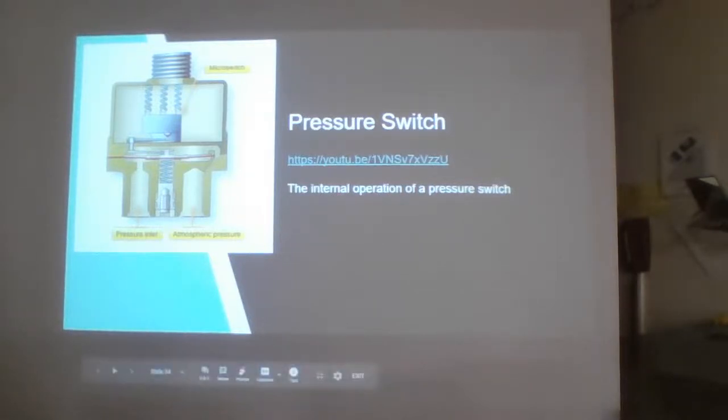We have our cannon plug port right here, and pressure inlet air, atmospheric pressure air, and you have your diaphragm right here that's connected to your mechanism for your contacts. This is out of your 8083, so you can look at that. This is the internal operating details of a pressure switch.